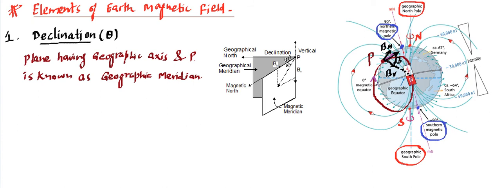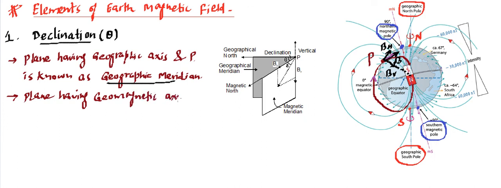Similarly, we need to consider another meridian that will be known as the geomagnetic meridian. Can we imagine what the geomagnetic meridian is going to be? Yes, that will be a plane having the geomagnetic axis and P, and that will be known as the geomagnetic meridian. Let me write that as well because that's important. Plane consisting of the geomagnetic axis.